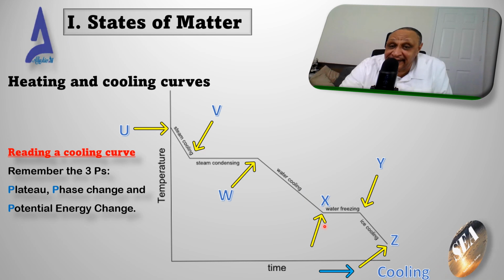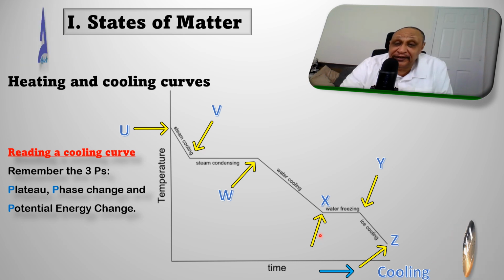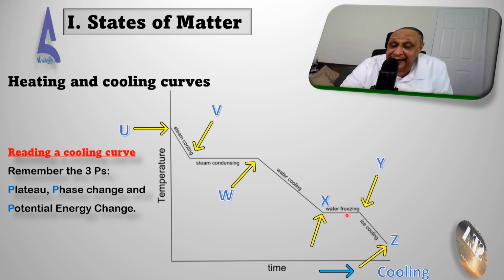Then here is going to be the freezing point. It's the freezing point of water. Then we have another plateau where we have water, and then the water starts to crystallize and solidify to make ice.